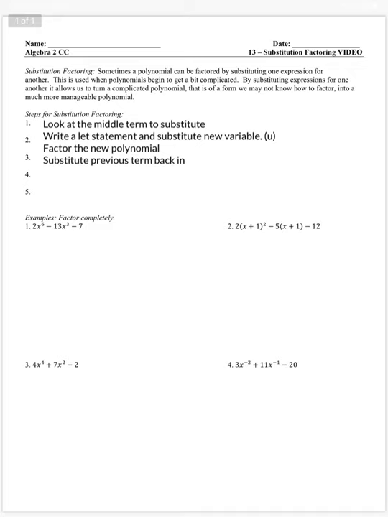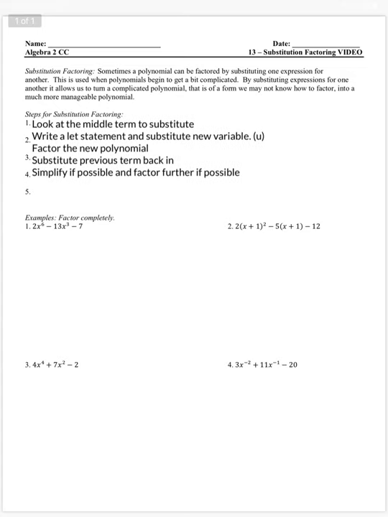And then lastly, you are going to simplify if possible, and you want to make sure it's completely factored. So simplify if possible and factor further if possible. You want to make sure if there's a GCF that it's pulled out, if you can do the difference of two squares, or master product, whatever it is.